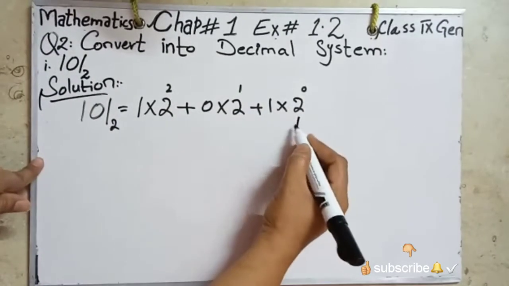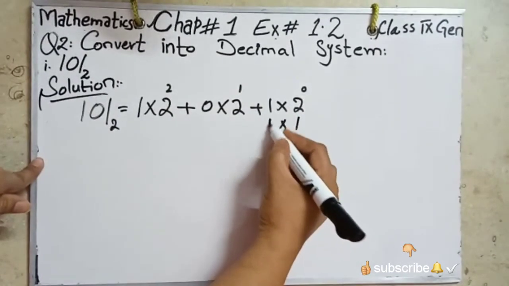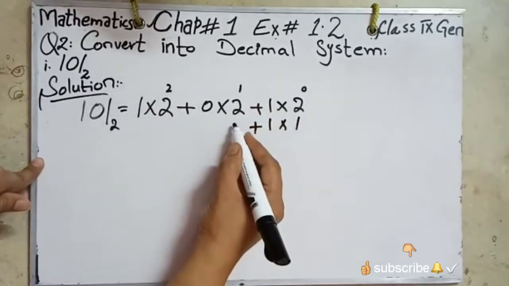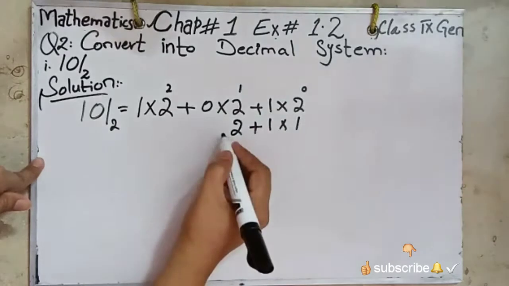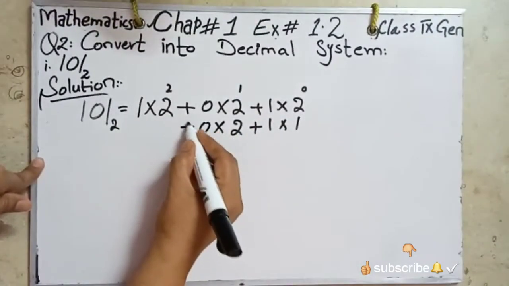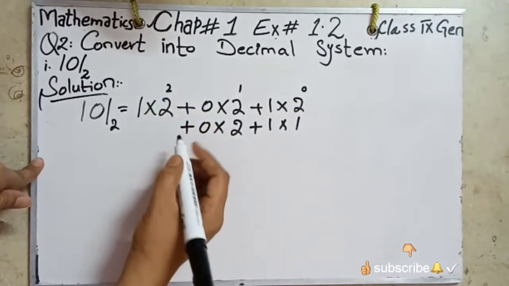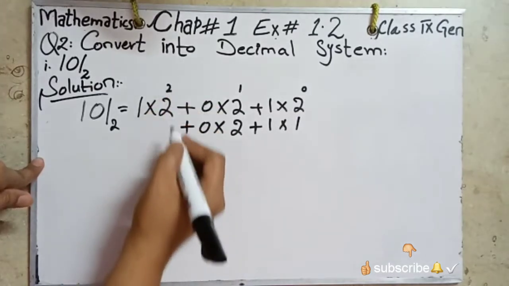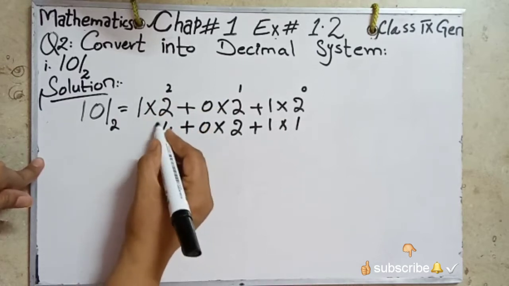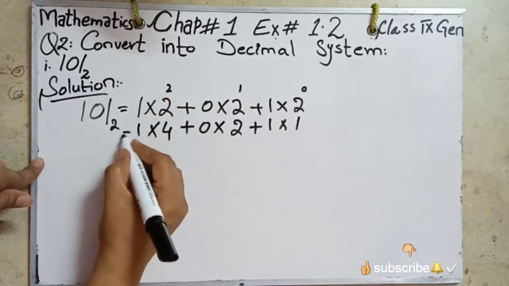Power 0 is considered 1, so 1 multiplied by 1. 2 power 1 means 2 we have one time, 2 multiplied by 0, plus 2 power 2, square. Square means the same number we have two times.